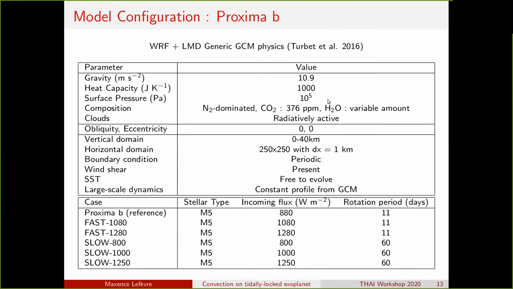The test case of the study is Proxima b, and we chose an N2-based atmospheric composition. The vertical domain goes from the ground to 40 kilometers, and for the horizontal domain we have a grid size of 1 kilometer over 250 kilometers.